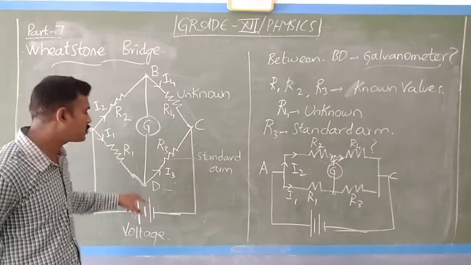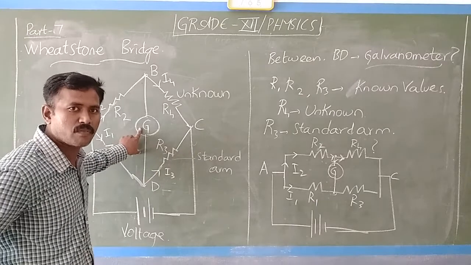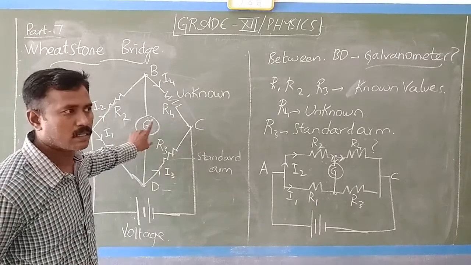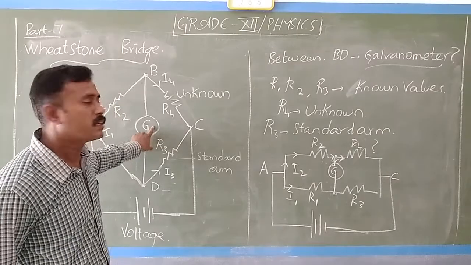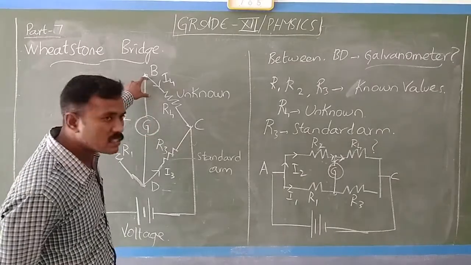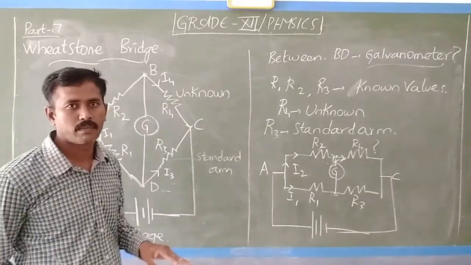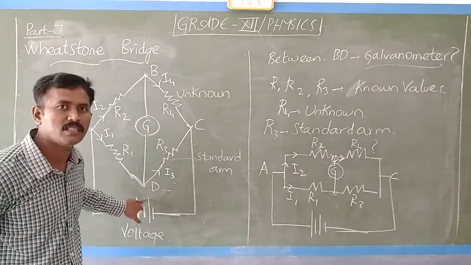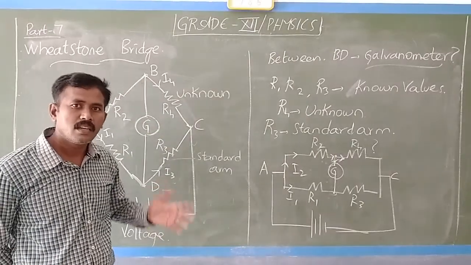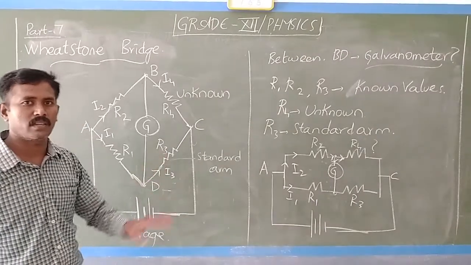When the galvanometer shows zero deflection, what does it mean? The voltage at this point and the voltage at this point are the same. When the potential difference at point B and point D becomes the same, you will stop varying R3.